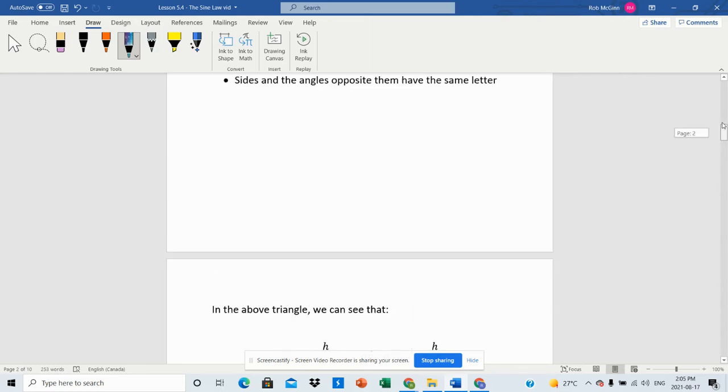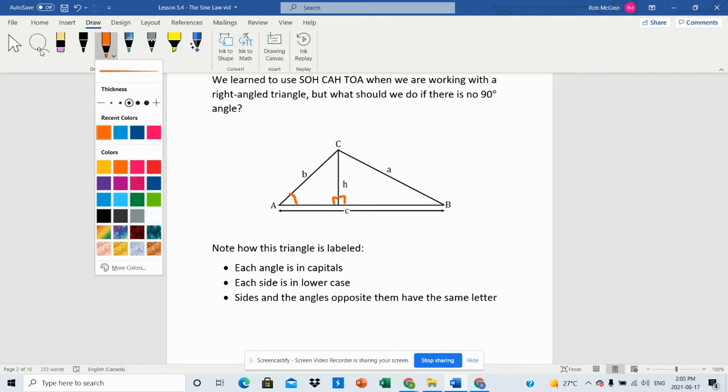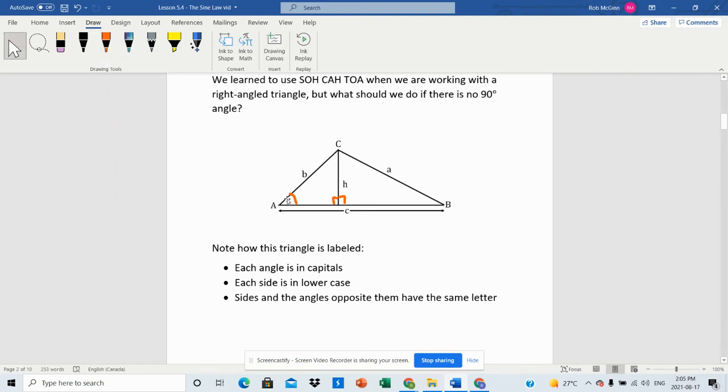So the sine of angle A is opposite over hypotenuse. Our opposite is h, and the hypotenuse is b, which is opposite the 90-degree angle.